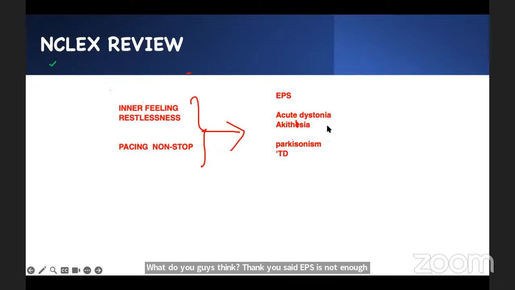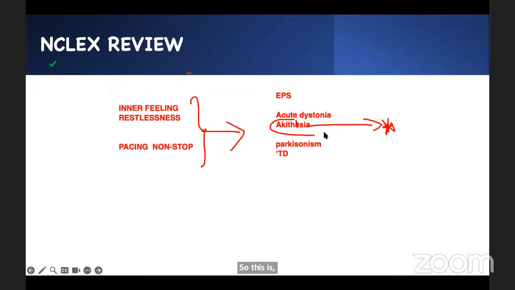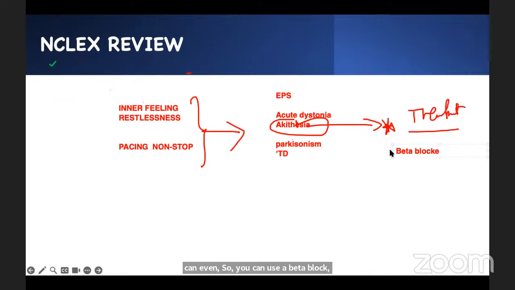So I'm giving you a bunch of content. This is akathisia, an inner feeling of restlessness. How will you treat this patient? A beta blocker, propranolol. Or an anticholinergic. You can use benztropine, but a beta blocker is number one.